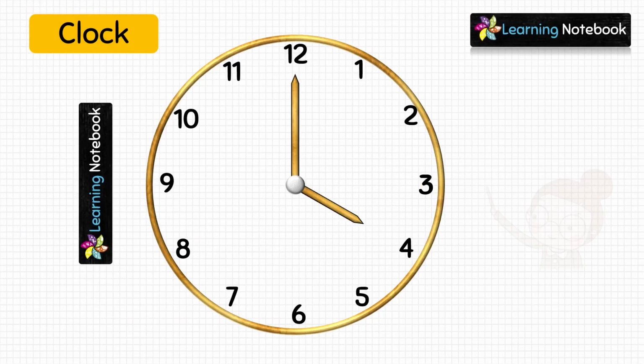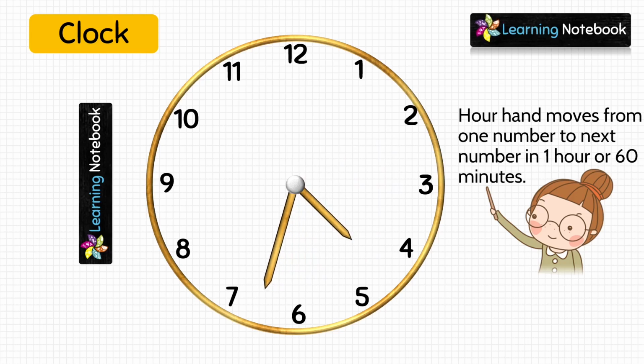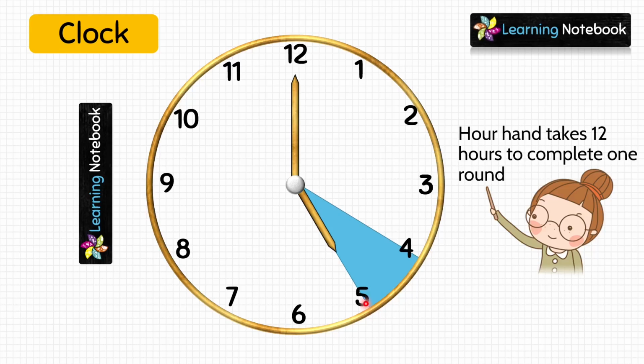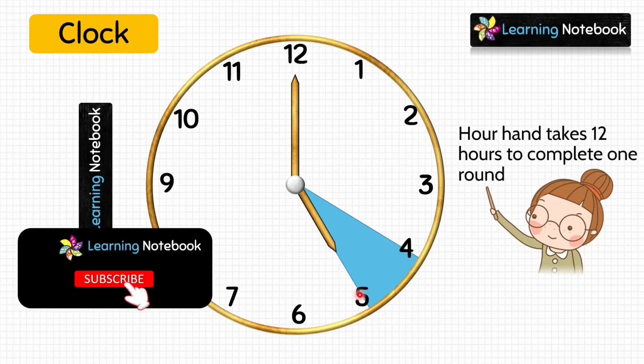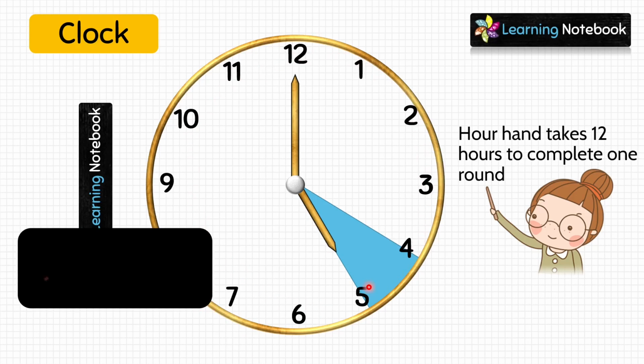So students, we learned that the hour hand moves from one number to the next number in 1 hour or 60 minutes. Like here, you can see that the hour hand has moved from 4 to 5 in 60 minutes or 1 hour. Also, remember that the hour hand takes 12 hours to complete one round of the clock.